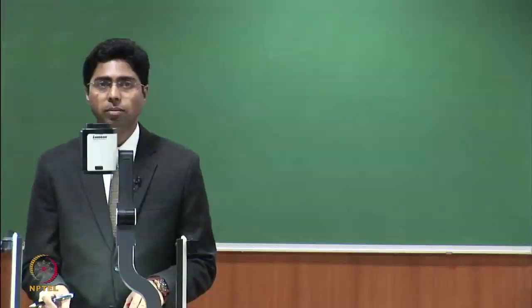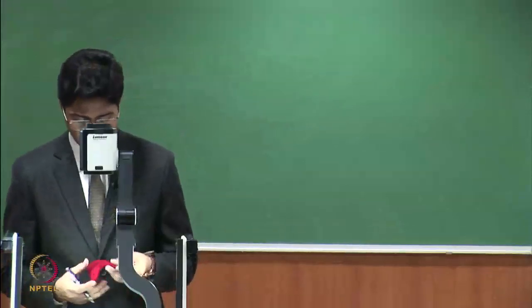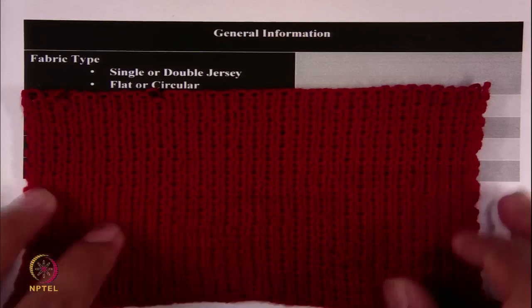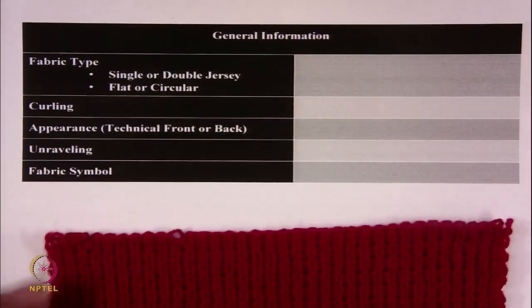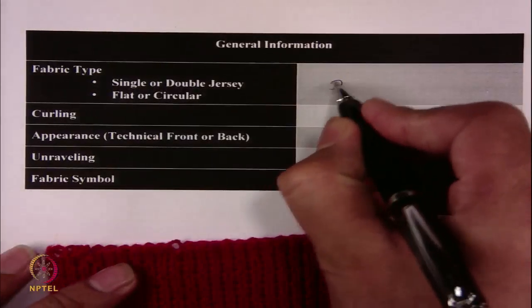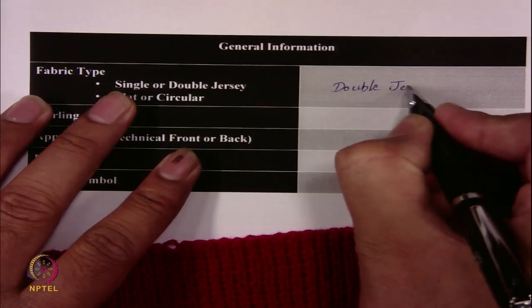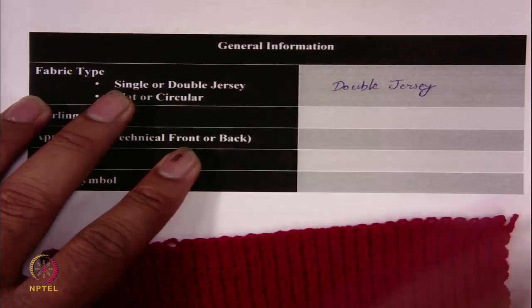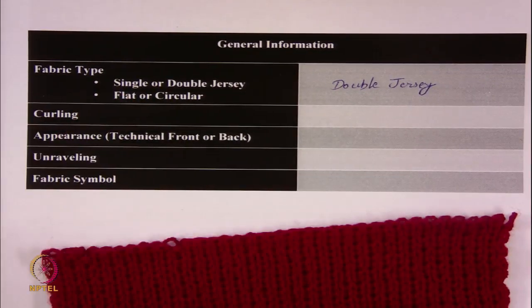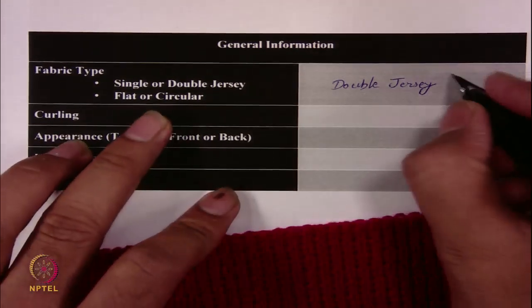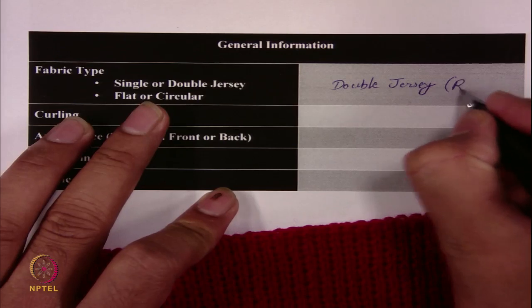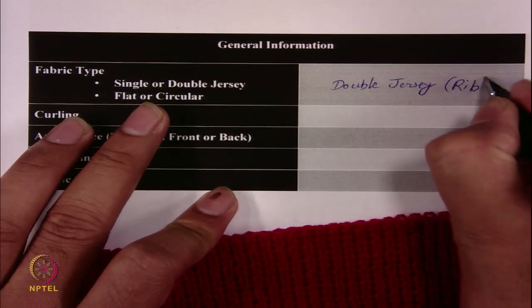Now, the general information about the fabric. So, this was the fabric. If you see, the fabric was actually double jersey category. In double jersey also there are different types of construction, rib, purl and interlock, which next week I am going to introduce. At this moment this particular fabric has rib construction.